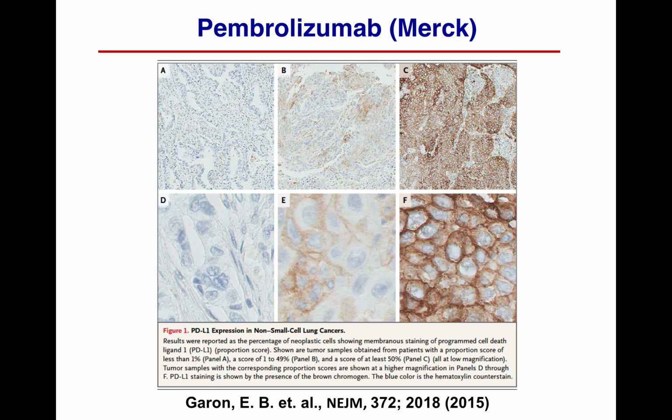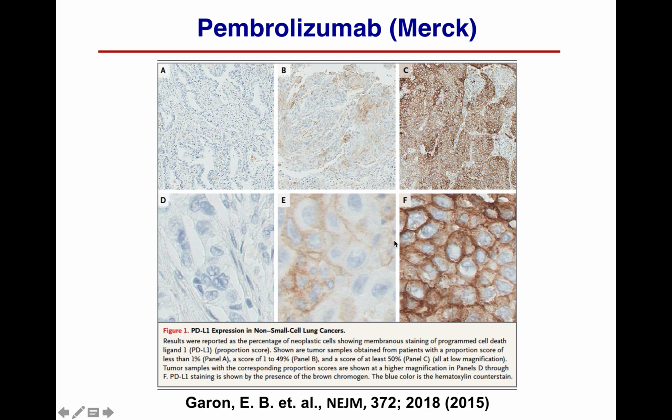And you can see this PD-L1 expression in non-small cell lung carcinomas. The point of this slide is just to show you that, depending on the cancer cells from the patient, there are different expression levels.